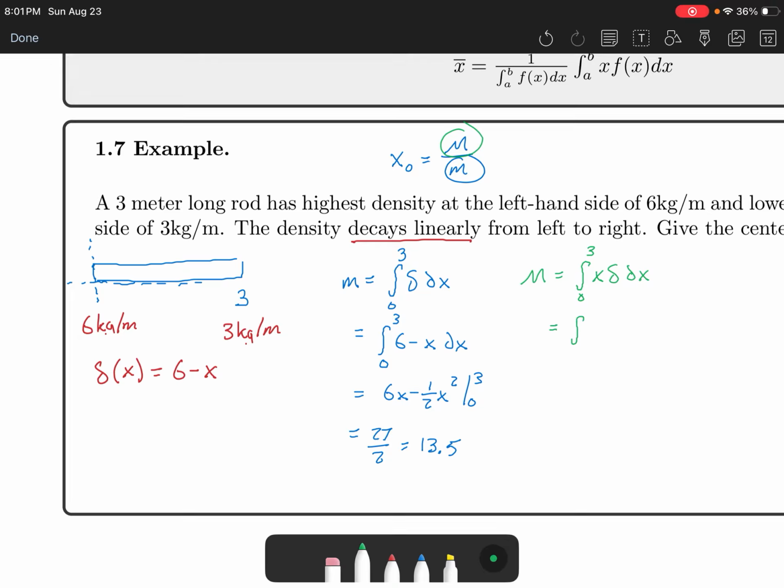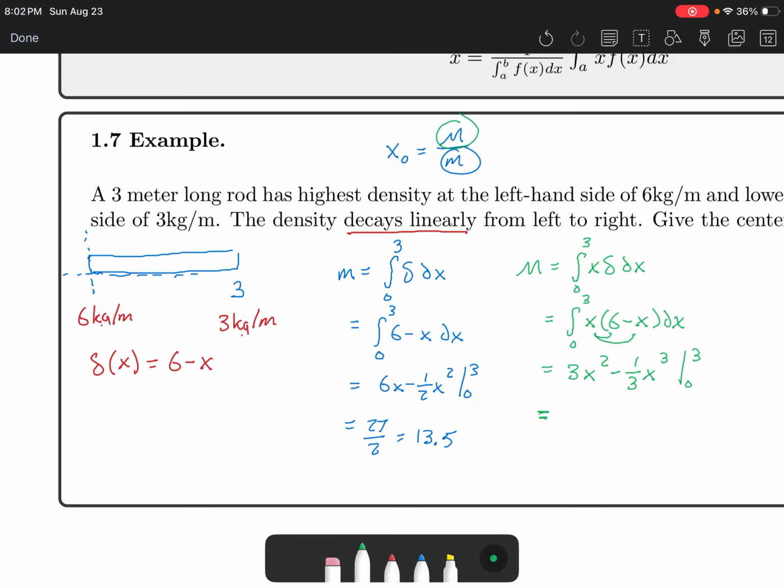So we will integrate between 0 and 3 the position of x multiplied by the density function 6 minus x with respect to x, and after distributing we would have a 6x, which would integrate to a 3x squared, and a minus x squared, which would integrate to a minus 1/3 x cubed, and by the fundamental theorem of calculus we will run that between the two boundary points and take the difference. If we do this, we find a moment of 18.